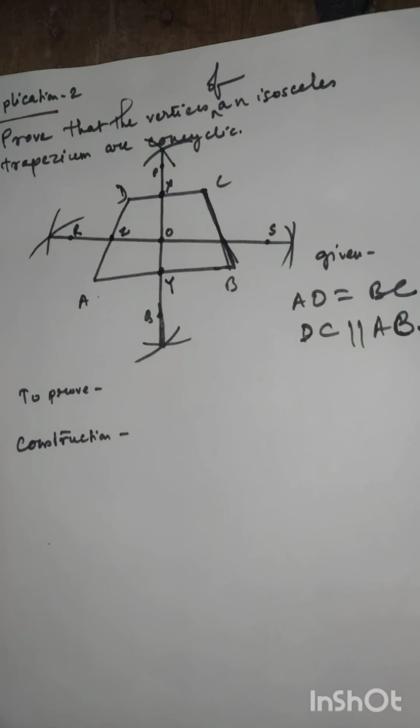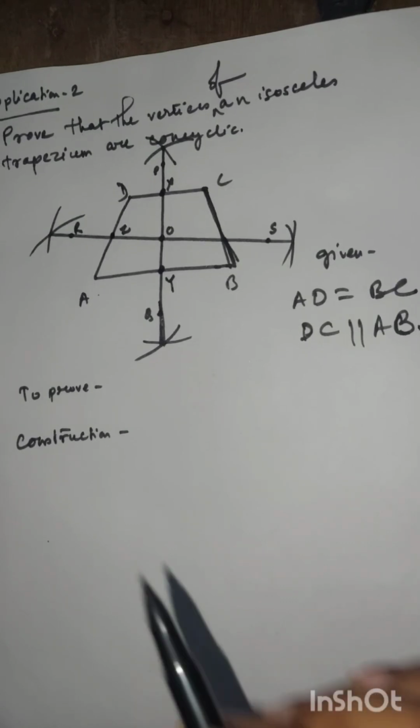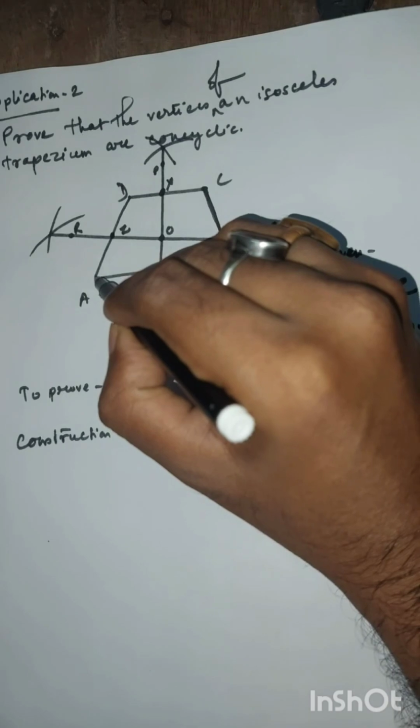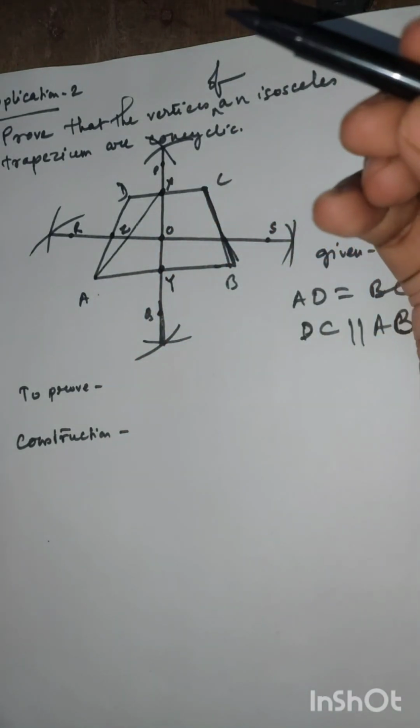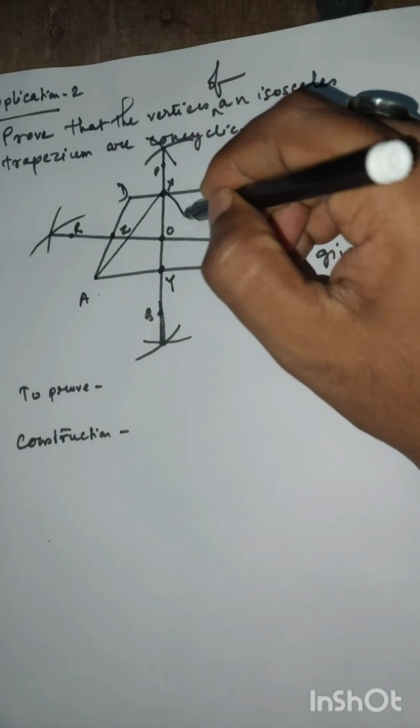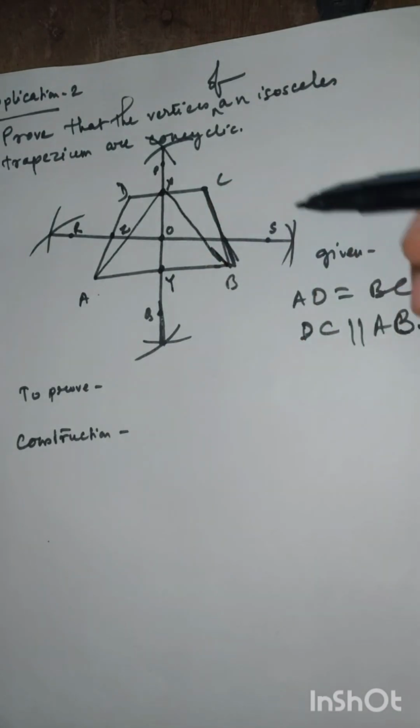Now we are doing one thing, we are joining AX and BX. Okay, see carefully. First step, drawing perpendicular bisectors.